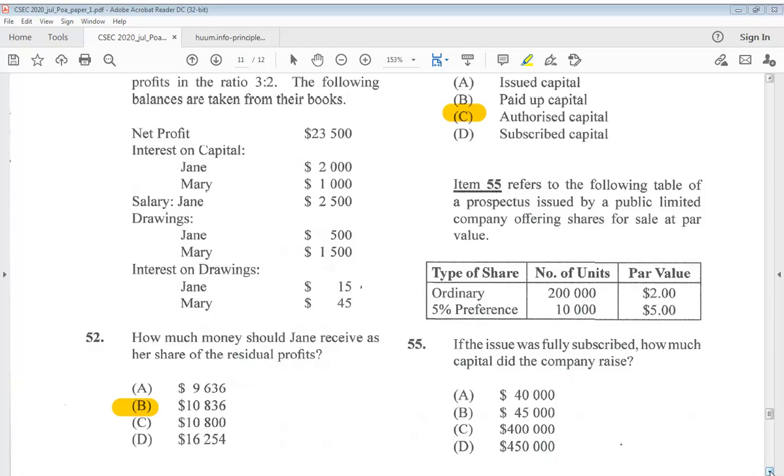Then we multiply the $5 by the 10,000 units, we get $50,000. And we find 5% of $50,000, we get $25,000. And we simply add the 25,000 to the 20,000 and we get $45,000. So B would be our answer.